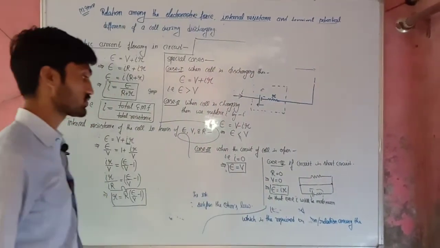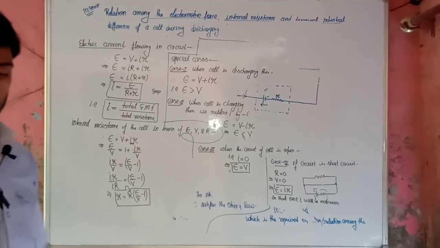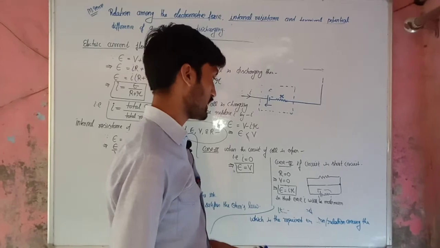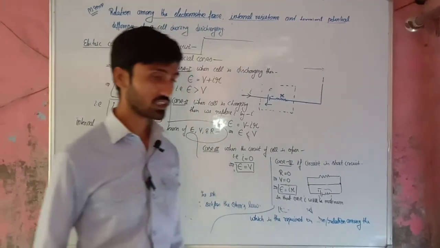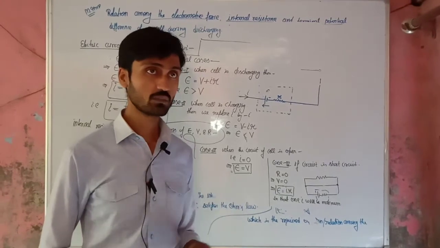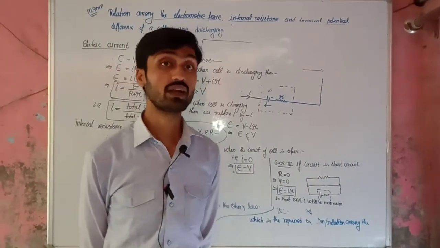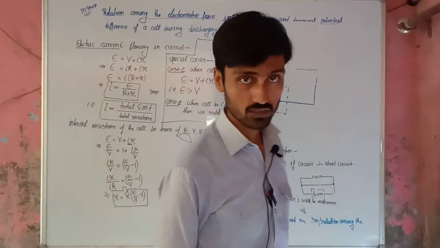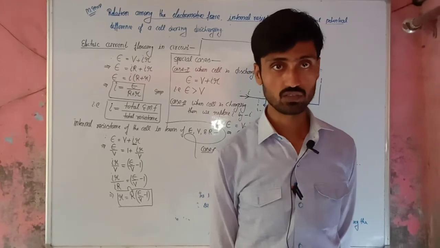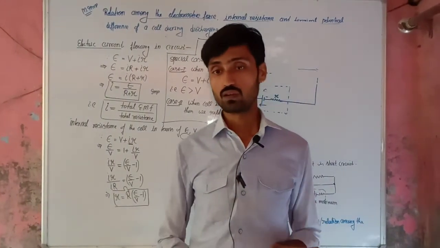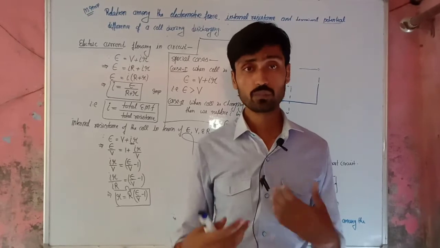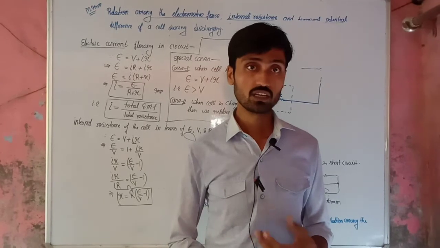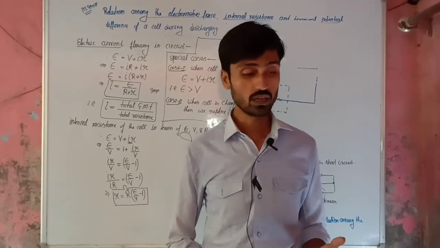Remember this point also, which is very interesting, and it is also the conclusion regarding cells. We will discuss in the next topics the combinations of cells, that is, a battery. We will find out in which combination the current given by the cells is maximum.